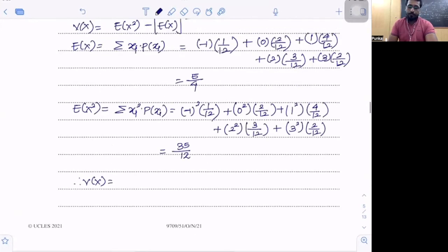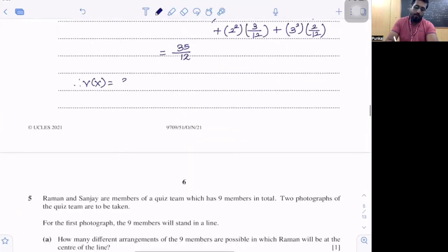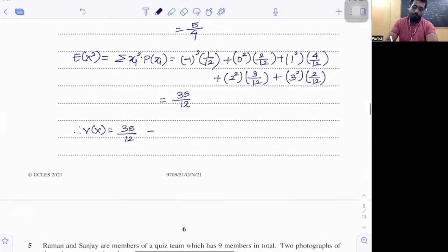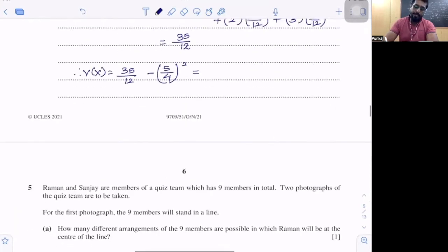It was E of x square minus E of x the whole square. So 35 upon 12 minus, it was 5 upon 4, E of x the whole square. So that should give you what? So 35 upon 12 minus 5 divided by 4 the whole square. That comes out to be 65 upon 48.